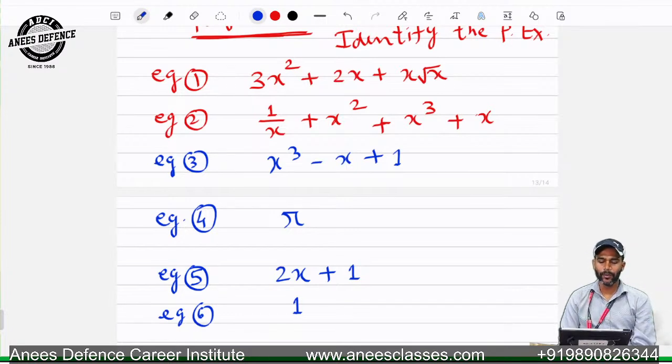Don't worry about that. I mean, see, this is the expression only. I can write P of x or Q of x. Doesn't matter. Tell me, first one is a polynomial expression or not? Yes, just raise your hand. Who thinks it is a polynomial expression? Okay.